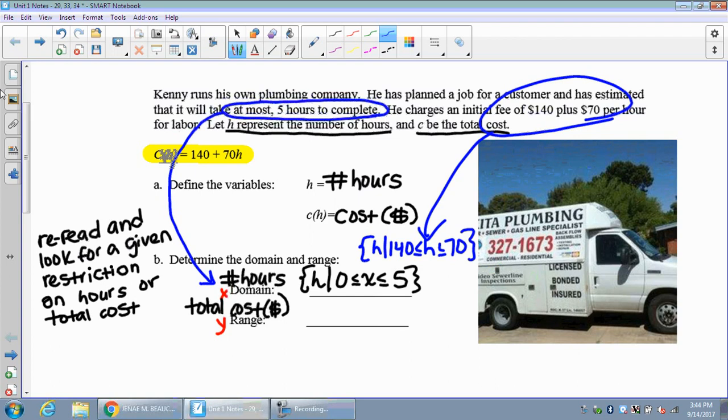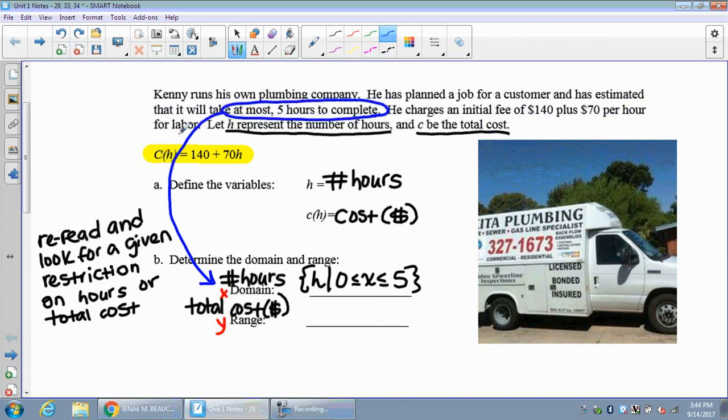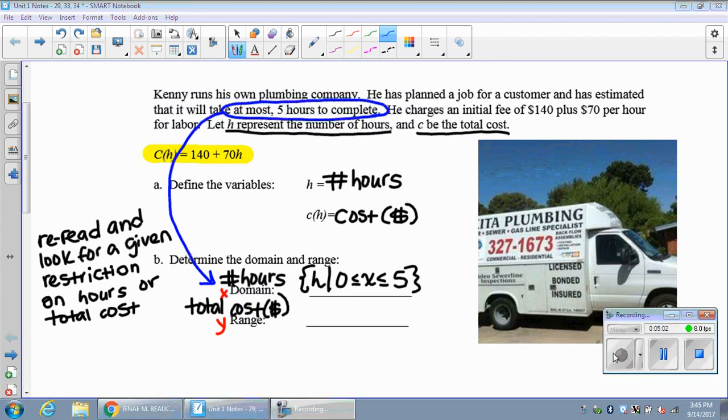So we really have to be careful that we read carefully for information. And something that could help us not make mistakes like that are little things like above domain, put a label, above range, put a label, and then when you find a restriction, circle it, and then draw an arrow to where it goes.